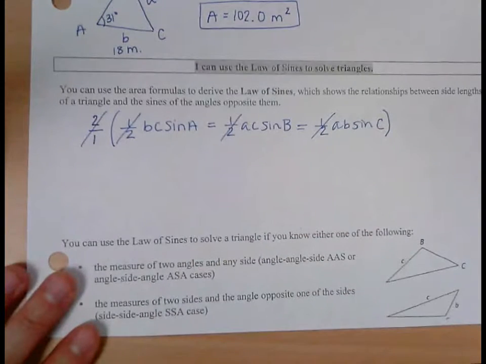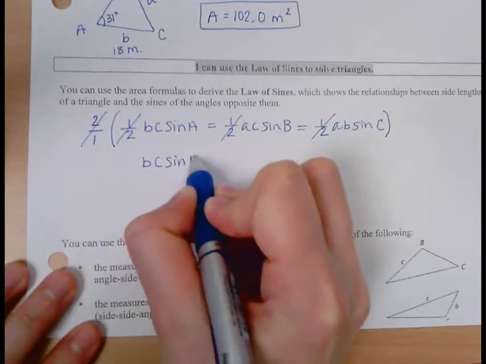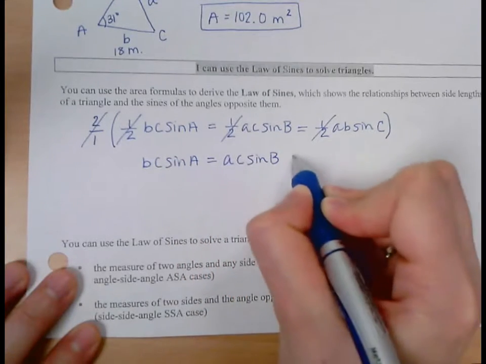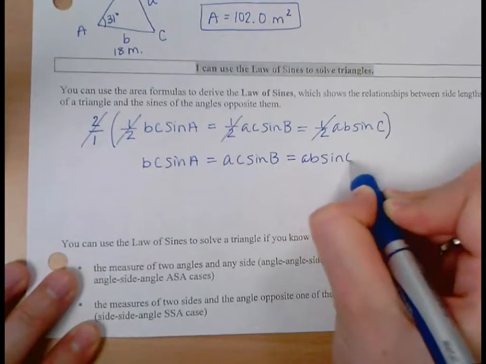All of those 1/2s cancel out when they're all multiplied by 2. So you just end up with BC sine of A equals AC sine of B equals AB sine of C.